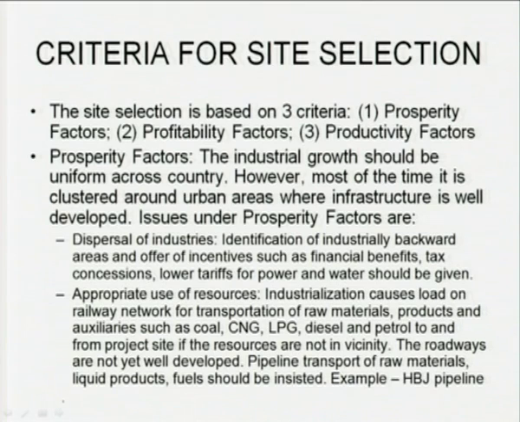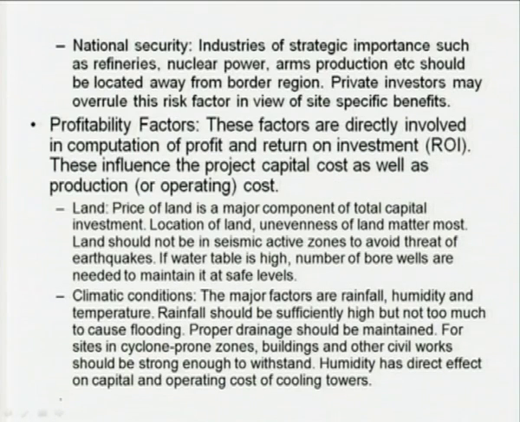That brings down the cost of storage of the raw material at the port site. Then the third aspect is that of national security. The government has preferred to have industries of importance such as refineries, nuclear power stations, or defense armament production away from the hostile borders.